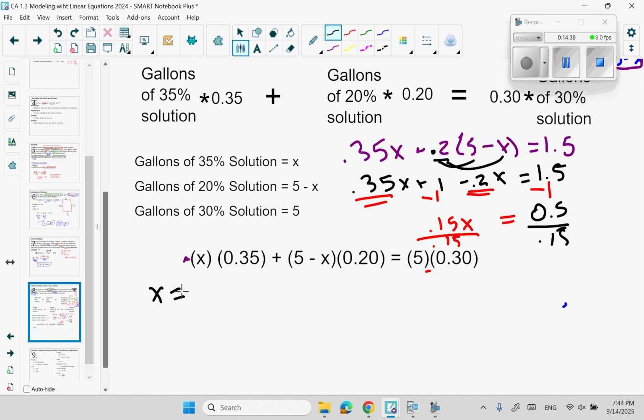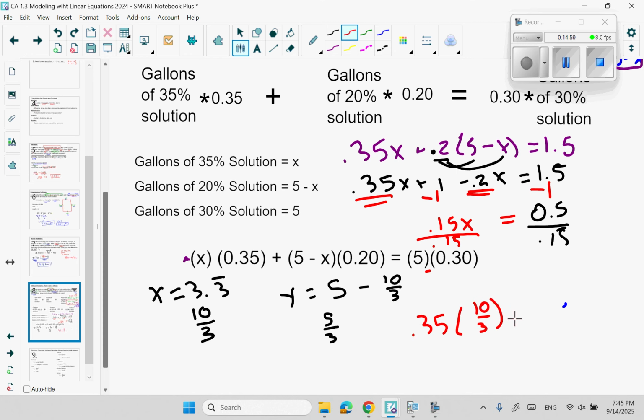X equals 3.3 repeating, which would be 10/3. Which means therefore y equals 5 minus 10/3, which should be 5/3. So let's try that. 0.35 times 10/3 plus 0.2 times 5/3.